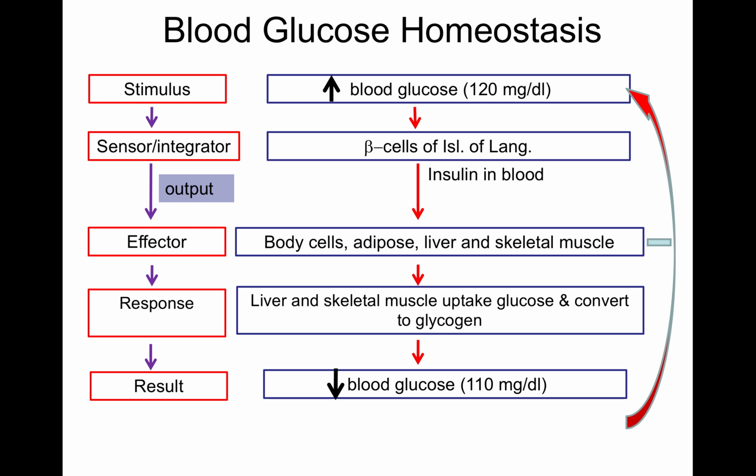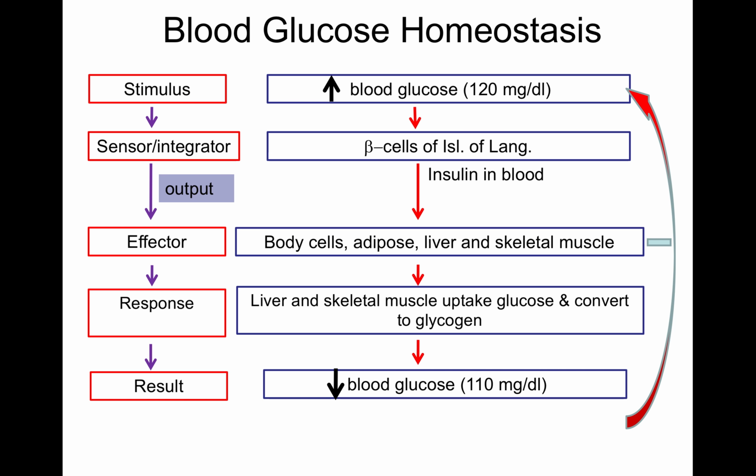When that happens, your sensor and integrator are cells called beta cells of the islets of Langerhans, and you should also know that these structures are found inside your pancreas. When they notice that the blood glucose is high, they start to produce the hormone insulin. So in this scenario, your insulin is going to act as your output.